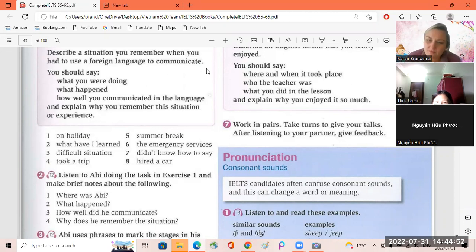When I was 5 years old, because my family didn't have much money to buy a car, in the Tet holiday, my family hired a car to go somewhere. Very good. So you didn't have to use a bus or train or anything. You could hire a car. Okay, well done.